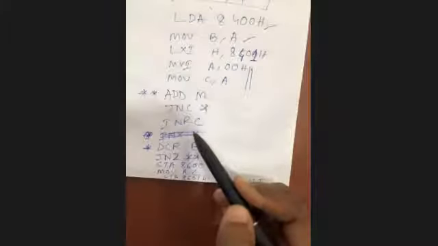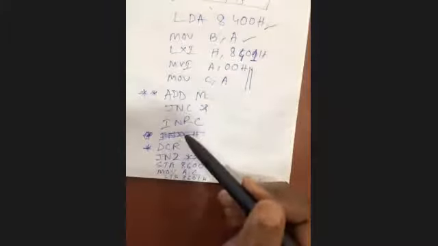This is 8401, and I am not incrementing the HL register pair because we always add the content of 8401. Is it clear? Yes, sir. So can I proceed? If you want to write down, you can write down the program. This is the program to multiply the two numbers.